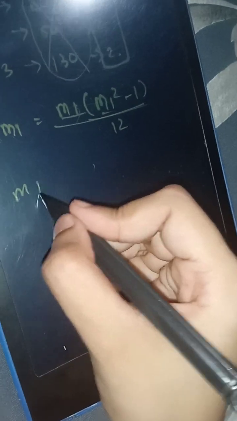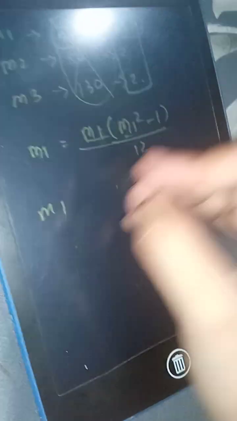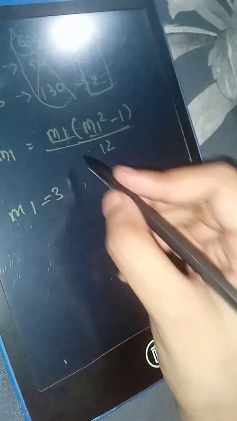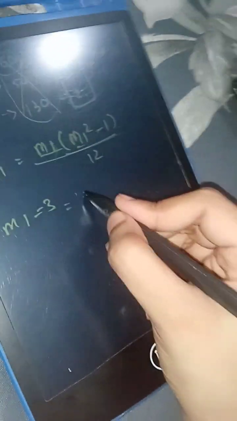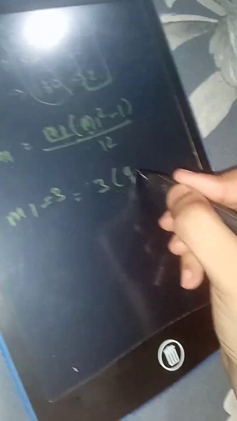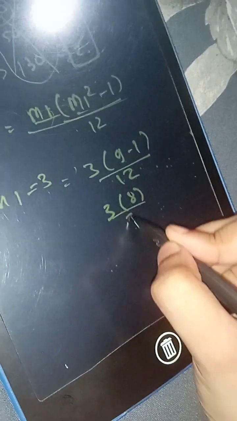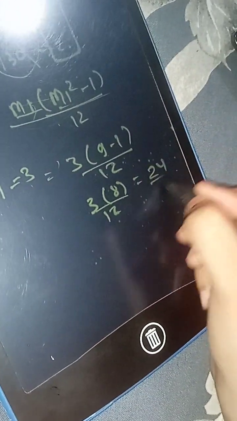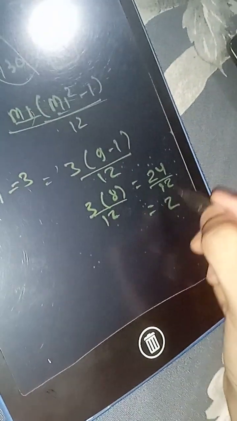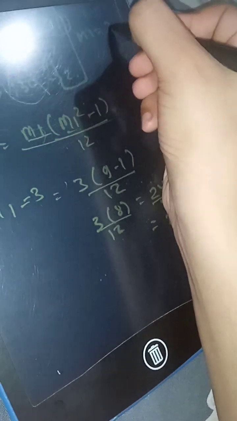Now calculate m1. m1 was 60, it repeated 3 times, so m is equal to 3. Now 3 square is 9, minus 1 is 8, upon 12. 3 times 8 is 24 upon 12, which is 2. So m1 is equal to 2.